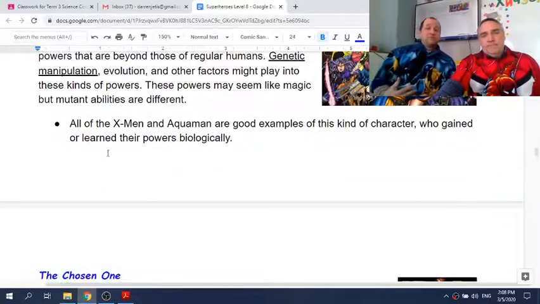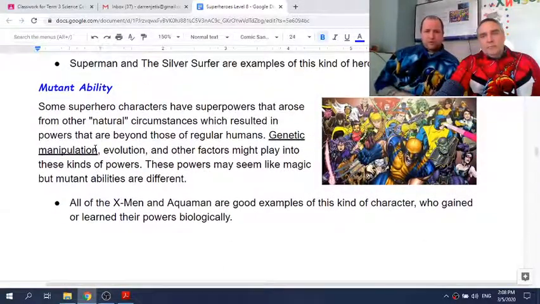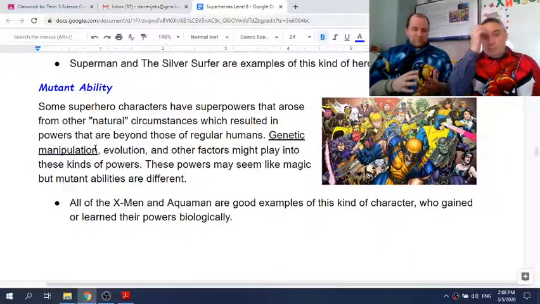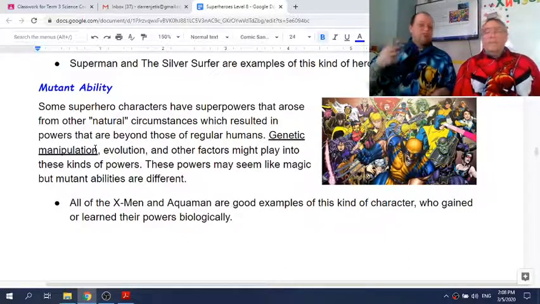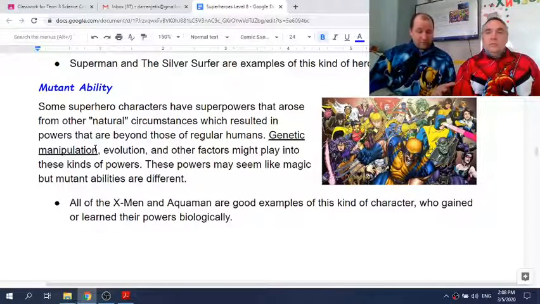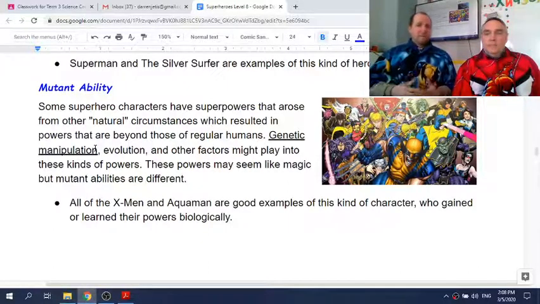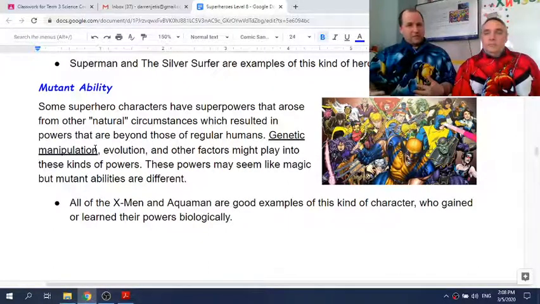Okay, mutant abilities, the X-Men and Aquaman are good examples, but really understanding what is a mutant ability. It's an evolution in people. You've heard of how humans evolved from apes. It's kind of like that. The mutants are evolving from humans to have these different powers.